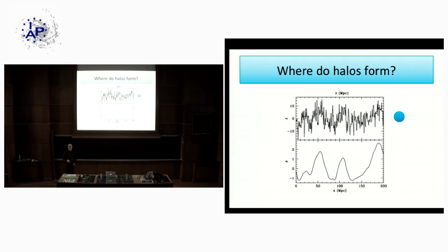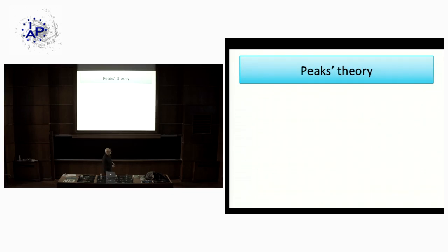A reasonable expectation is that halos might form at the peaks of this density distribution, where gravitational attraction is such that you will have a net inflow. So this led to what is now called peaks theory.